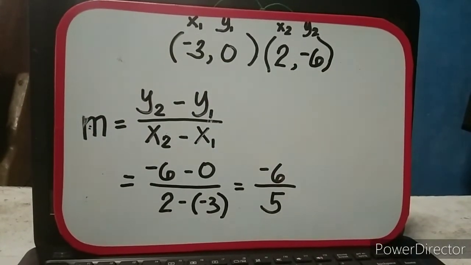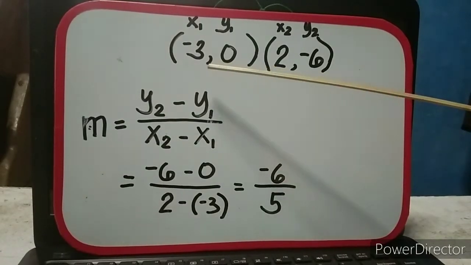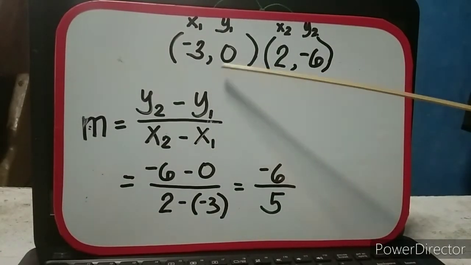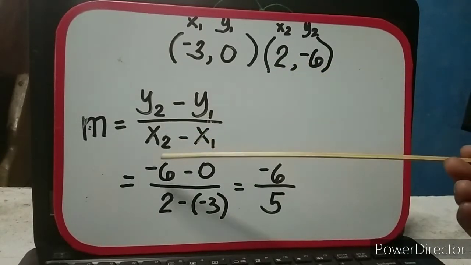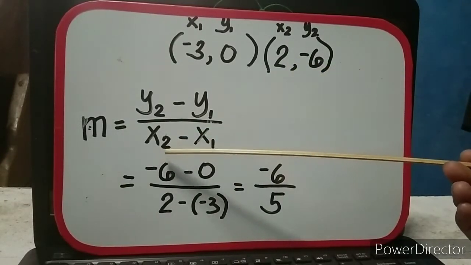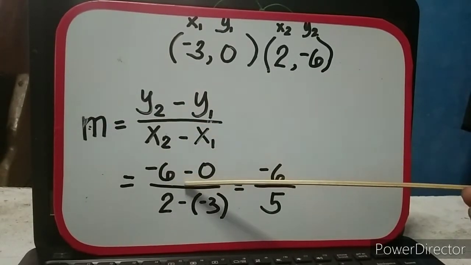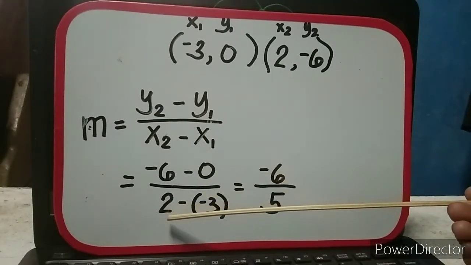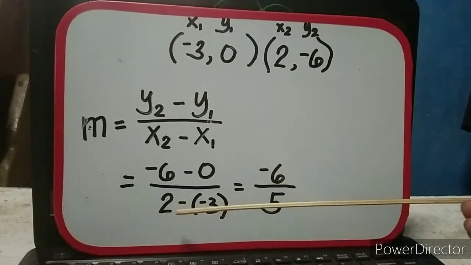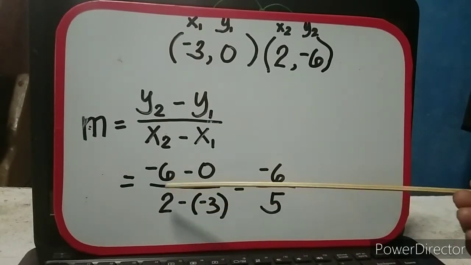Our next example is to find the slope of a line with the points negative 3, 0 and 2, negative 6. Again, we will use the formula, and by substitution, y sub 2 is negative 6 minus y sub 1 is 0, x sub 2 is 2 minus x sub 1 is negative 3.